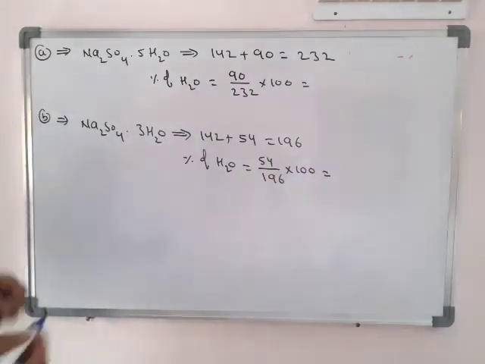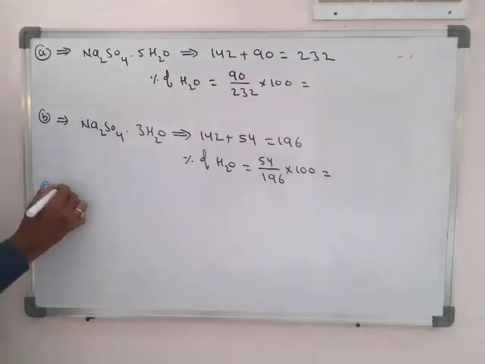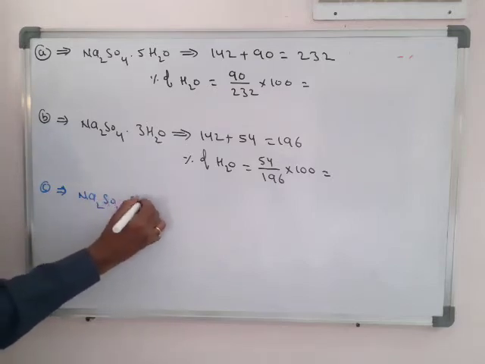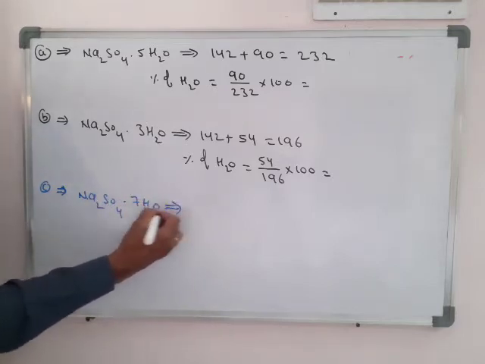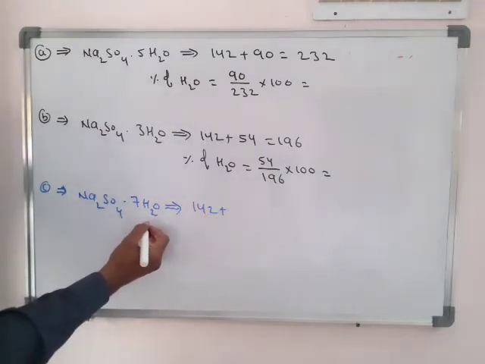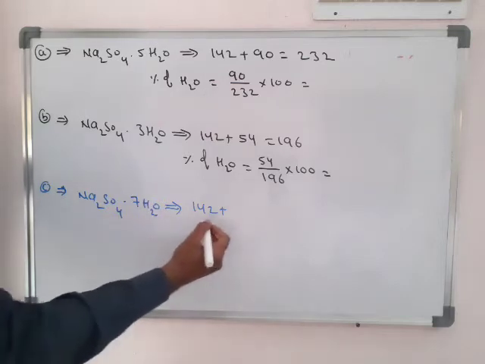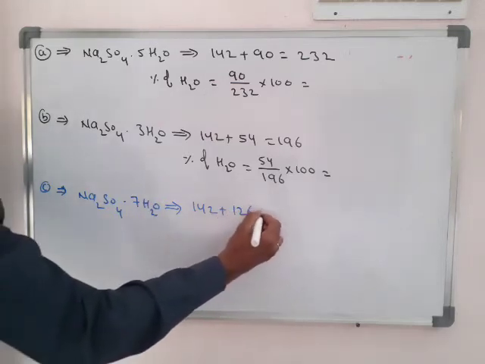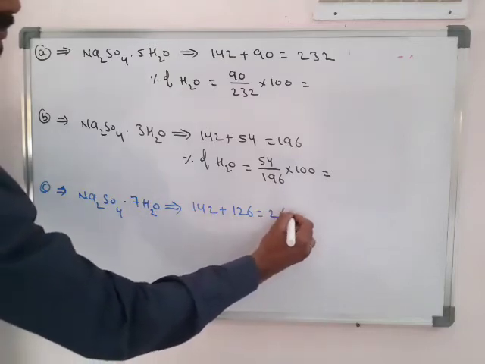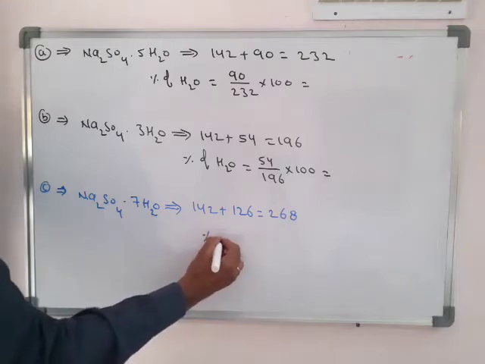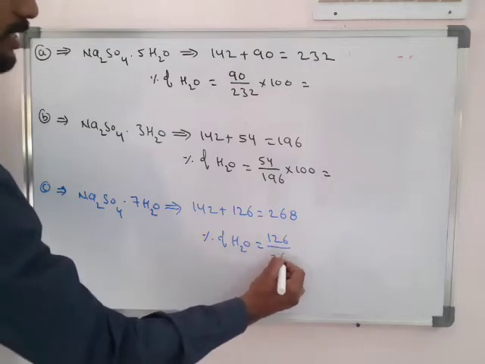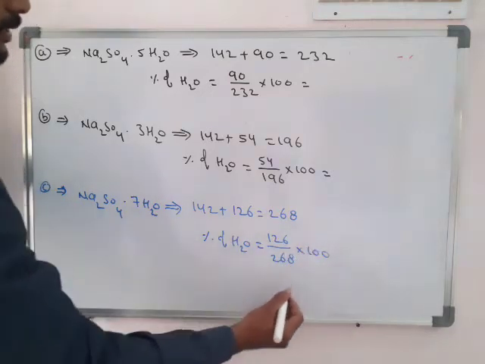Let's check option C. How much is given? 7 was given. If you take this option as correct, how much do we get? 142 plus 7H2O, which means 7 into 18, that is 126. That gives 268. So here also the percentage of H2O equals 126 by 268, into 100.